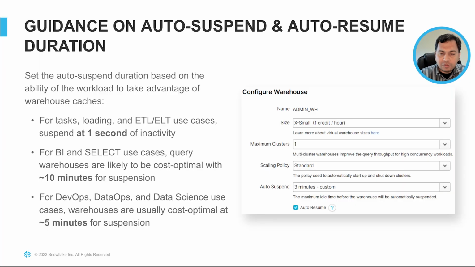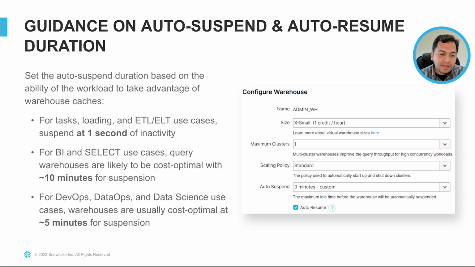Similarly, there are also use cases on the other end of the spectrum, such as BI use cases, such as dashboarding use cases, where the benefit of caching can actually play a substantial role in improving overall price performance. And for such use cases, we actually recommend the default, which is 10 minutes, which means that the warehouse is running for at least 10 minutes after the last query runs before it goes to sleep.